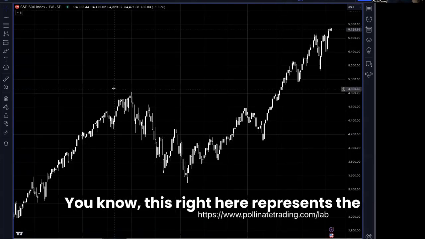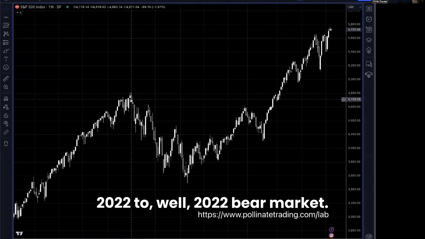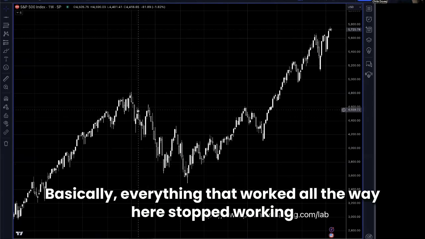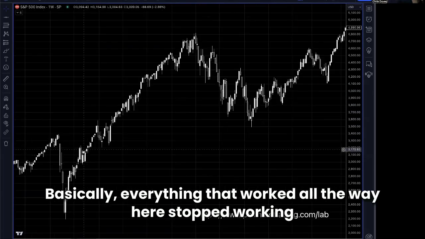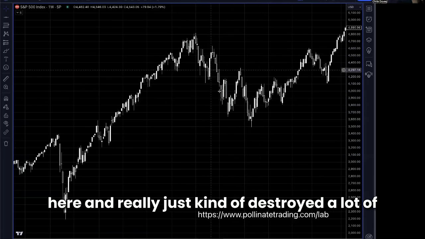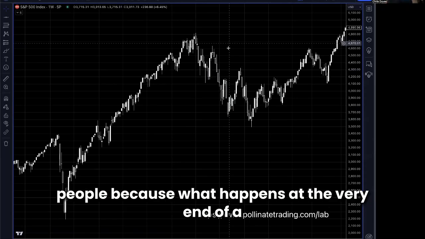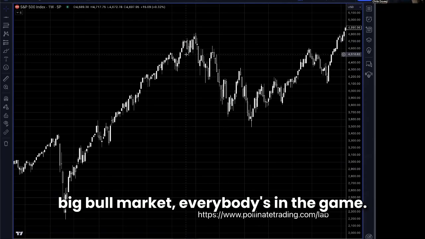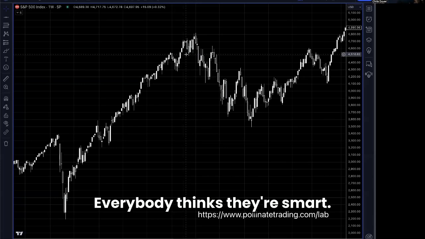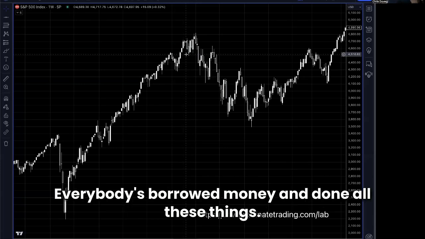If this right here represents the 2022 bear market, basically everything that worked all the way here stopped working here and really just destroyed a lot of people. Because what happens at the very end of a big bull market, everybody's in the game, everybody thinks they're smart, everybody's borrowed money.